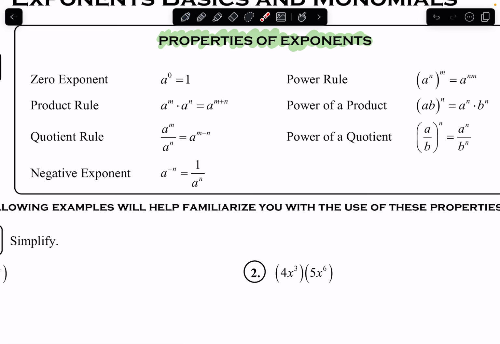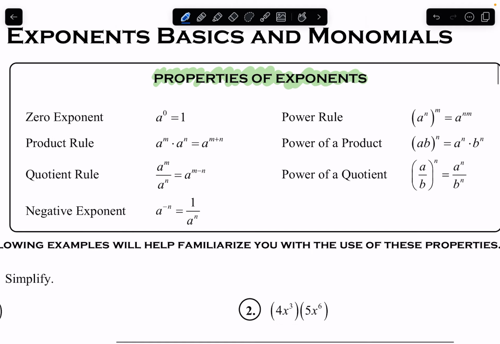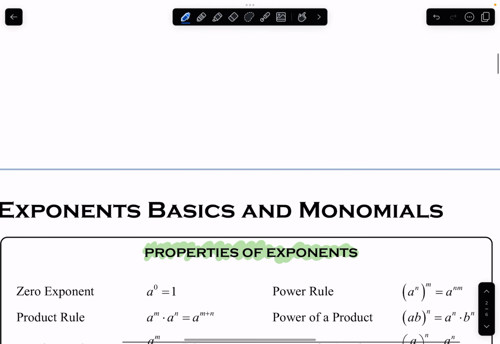Now on all of these formulas, they all have this a, which represents a number. Now that number on all of these formulas is what we call the base. So when you have an exponent, like if I have 8 to the 4th, this big number at the bottom we call the base. The little number at the top we call the exponent, okay?